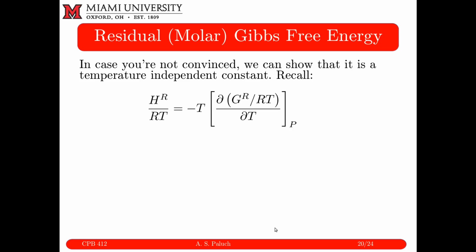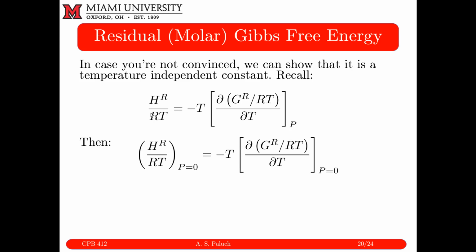All right, in case you're not convinced, if we were to go back to our original expression for the differential of dimensionless G, the first term, which corresponds to the differential of dimensionless G with respect to T at constant P, is just equal to HR over RT. We just showed that in the ideal gas limit, my residual enthalpy is equal to 0.